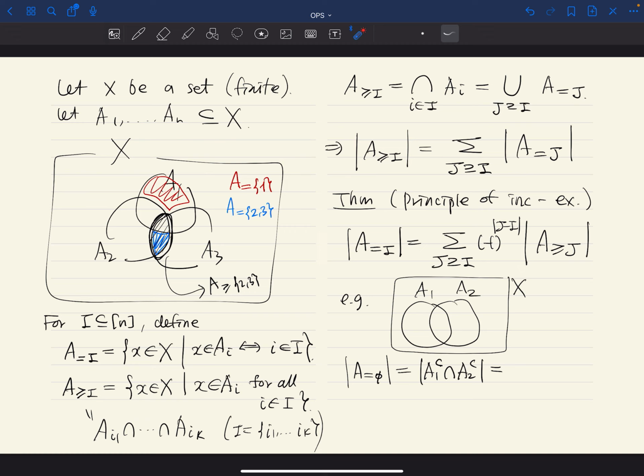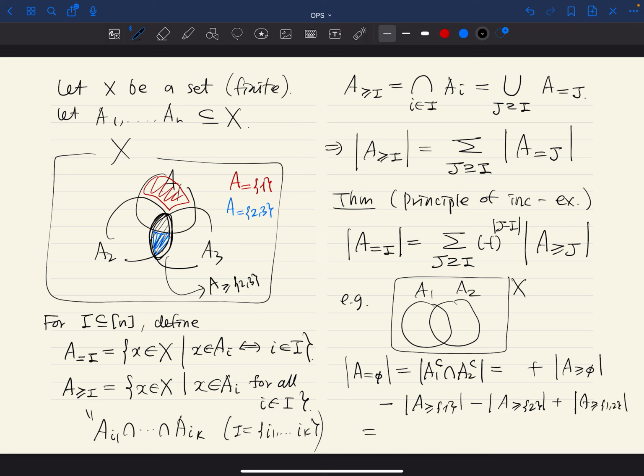But what this is saying is that you consider all possible subsets containing this. That means all subsets. So we have the empty set, and minus A1, minus A2, plus A1 A2.